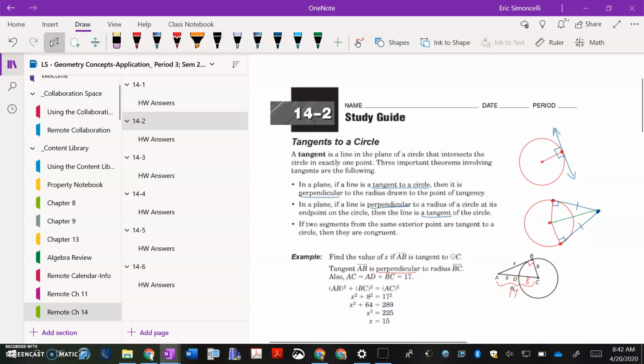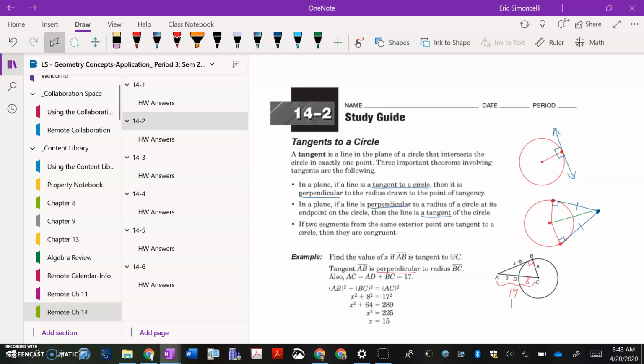Okay. So from there, we can apply the Pythagorean theorem pretty nicely. AB, which is a leg, x, squared plus BC squared. So AB squared plus BC squared is equal to the hypotenuse AC squared, which we know is, again, 17. Simply, again, a squared plus b squared equals c squared.